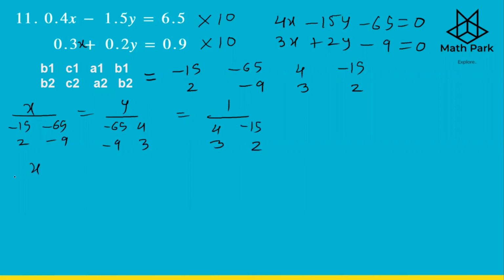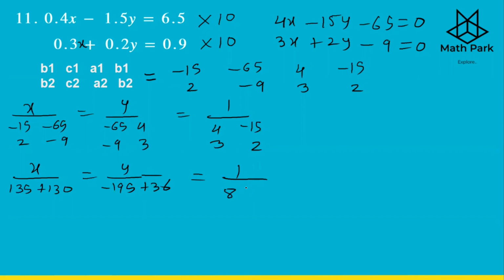So we have x upon minus 15 into minus 9 is positive 135 and 65 into 2 is 130. So minus of minus becomes plus 130 is equal to y upon minus 65 into 3 is 195. So minus 195 and minus 9 into 4 is minus 36. Minus of minus becomes plus 36, which is equal to 1 upon 4 twos are 8 and 3 into minus 15 is minus 45.